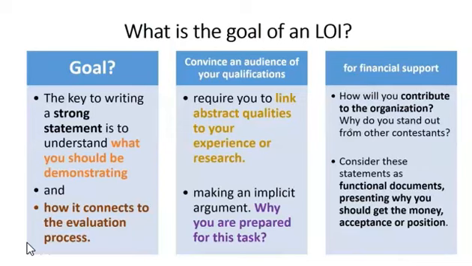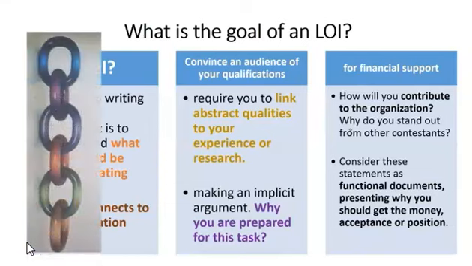Consider these statements as functional documents presenting why you should get the money, acceptance, or the position. So there should be a link. The important thing here is that there is a funder and there is a requester, which is you, and there should be a link in their goals.